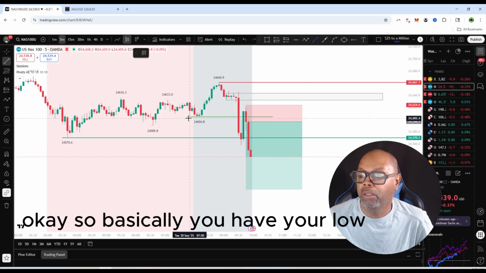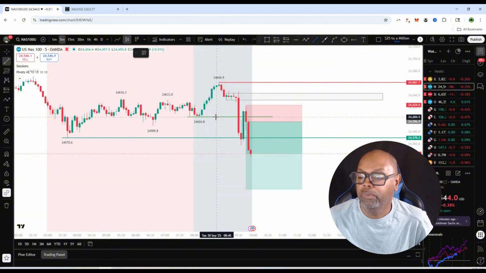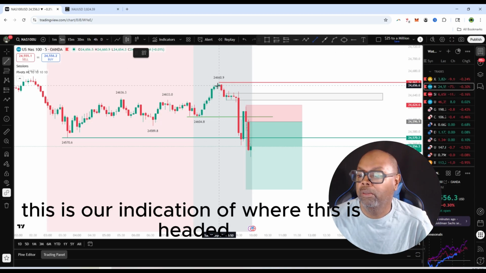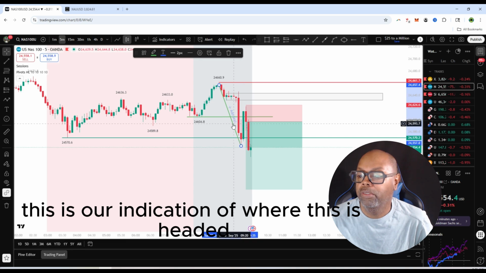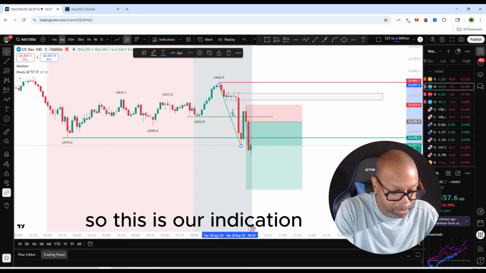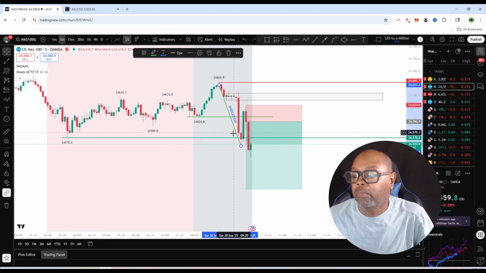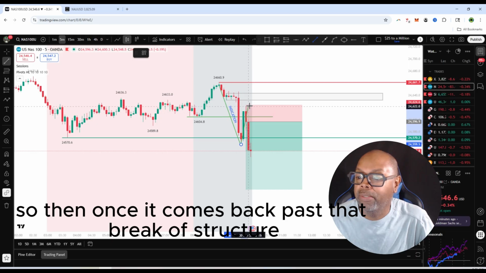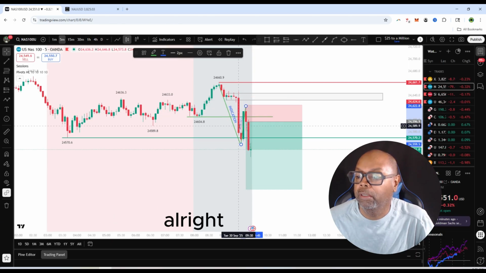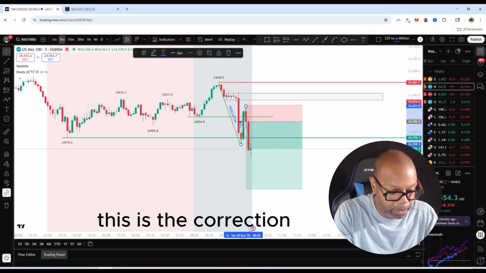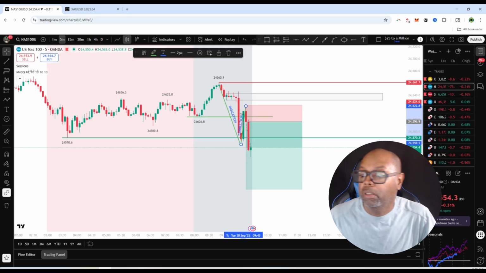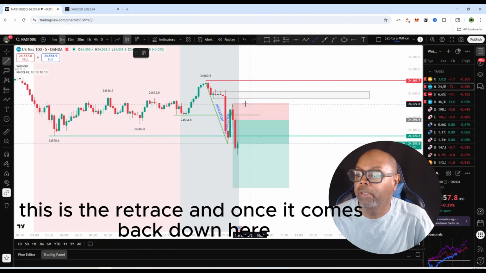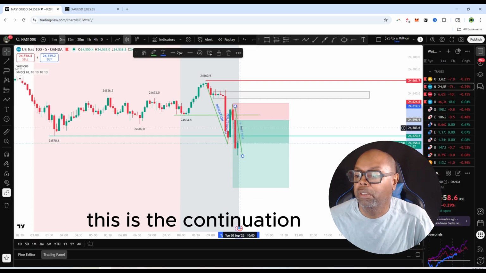Okay, so basically you have your low. And once it breaks the low, this is our indication of where this is headed. Then once it comes back past that break of structure, this is the correction. And this is the retrace, and once it comes back down here, this is the continuation.